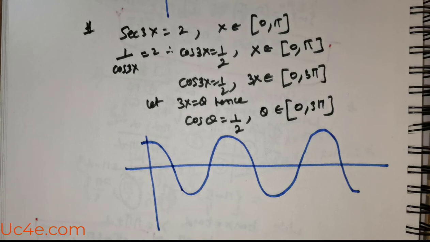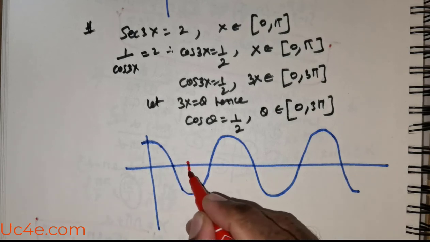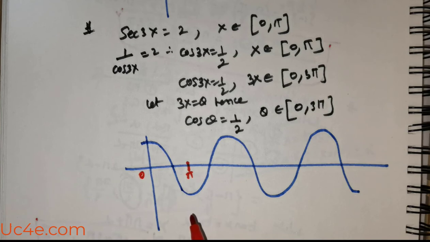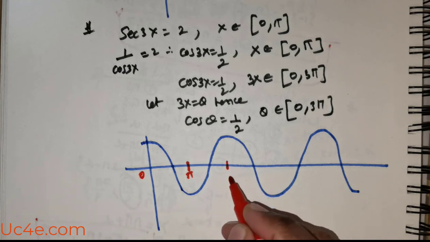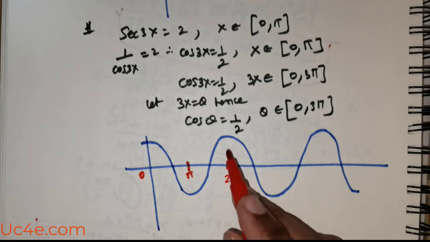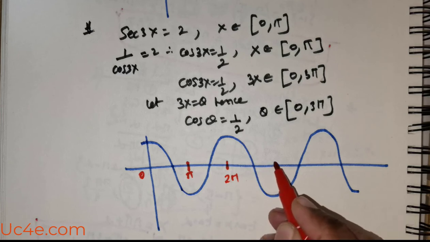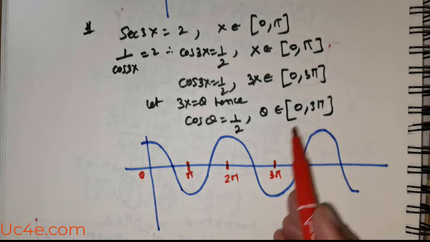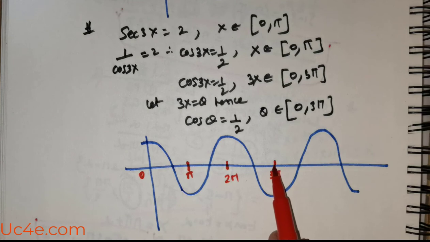So clearly over here it's going to be pi. So this is going to be pi, this is going to be 0, this is going to be 2 pi, and this is going to be 3 pi, right? And the interval is 0 to 3 pi, so it's enough that we go up until 3 pi.